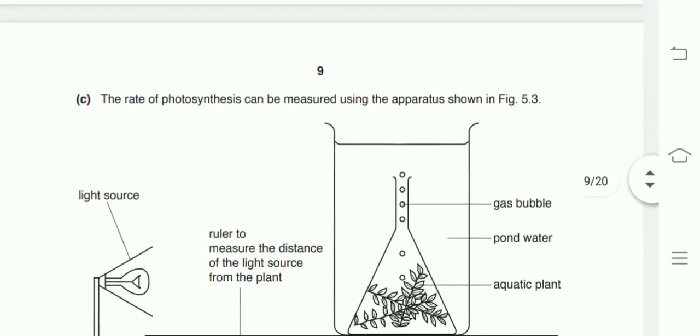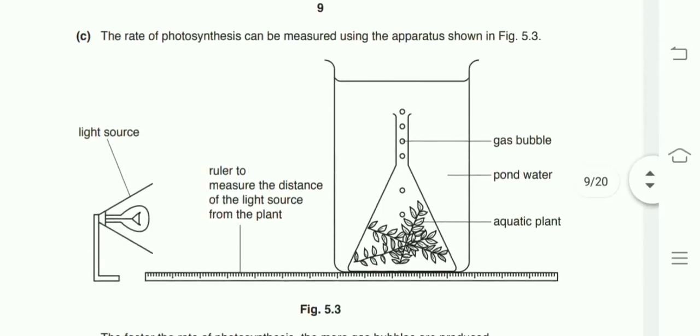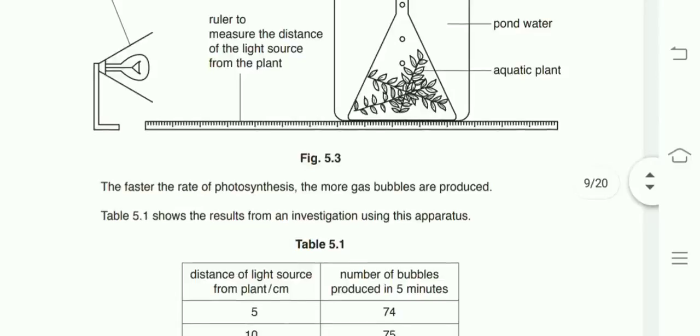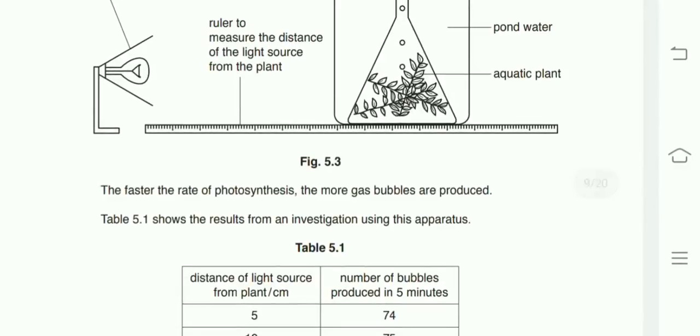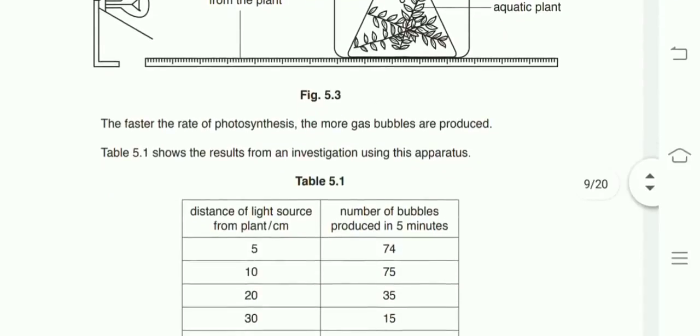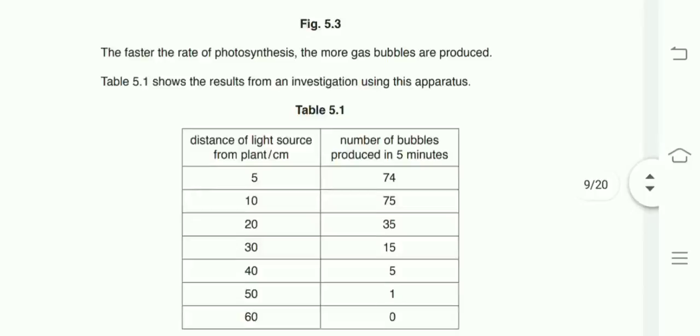Okay, and then this one is still number 5C. Look at here, the experiment on photosynthesis. The rate of photosynthesis can be measured using the apparatus shown in figure 5.3. There is a ruler to measure the distance of the light source from the plant. Okay, the faster the rate of photosynthesis, the more gas bubbles are produced. Table 5.1 shows the results from an investigation using this apparatus.